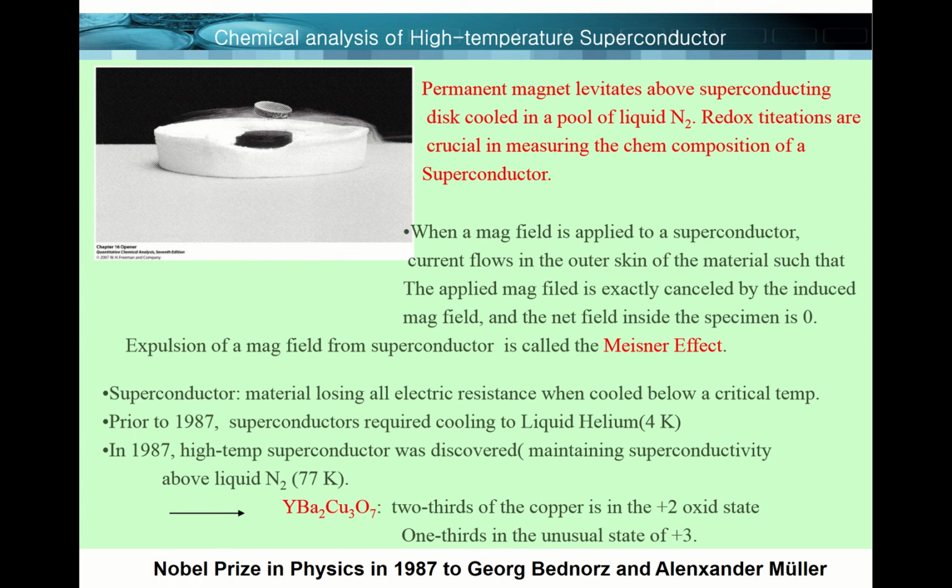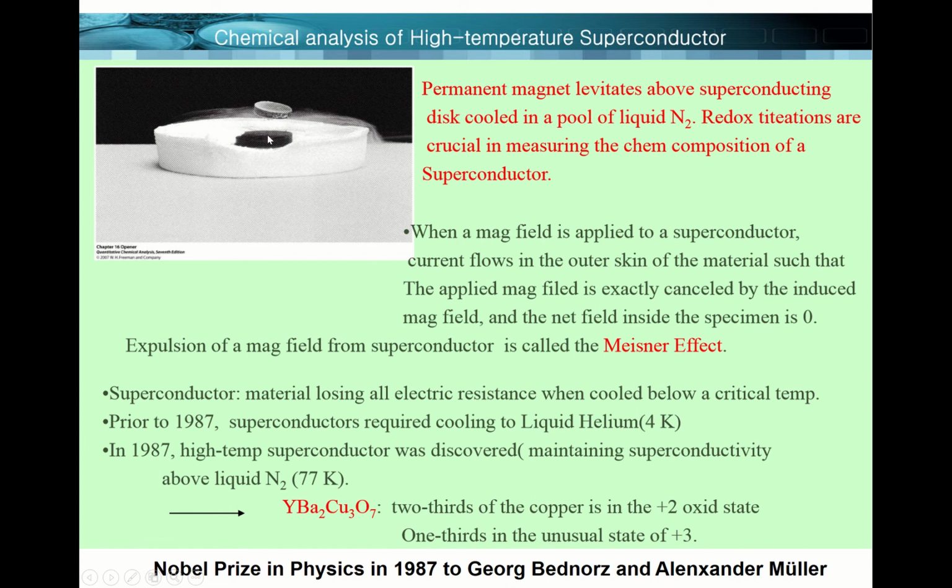The whole thing is cooled down with liquid nitrogen, and very surprisingly, this high temperature superconductor floats above the magnet, right? That phenomenon is called the Meissner effect. Meissner effect.